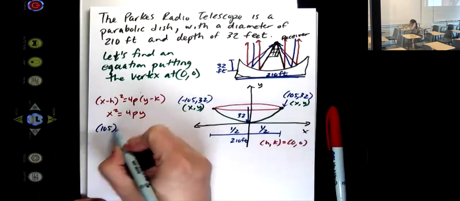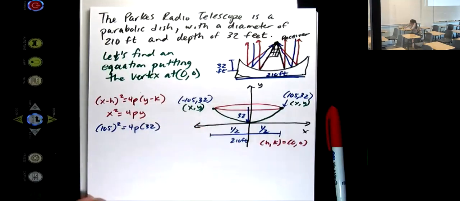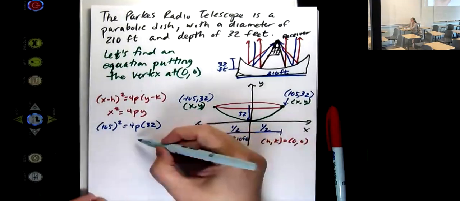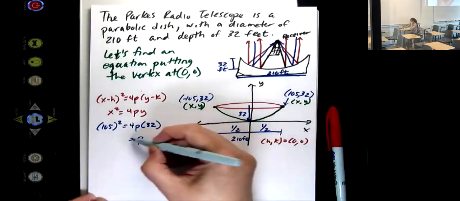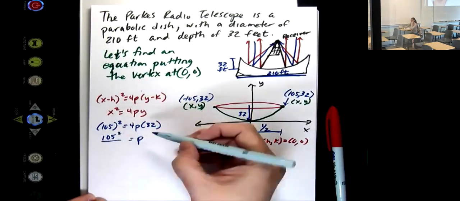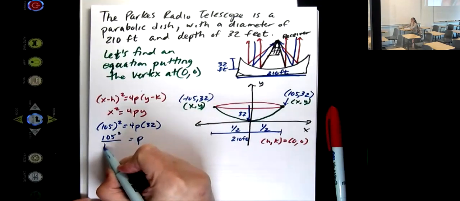Exactly. If we plug them in, we have this, which means p is 105 squared over 4 times 32, that's 128.